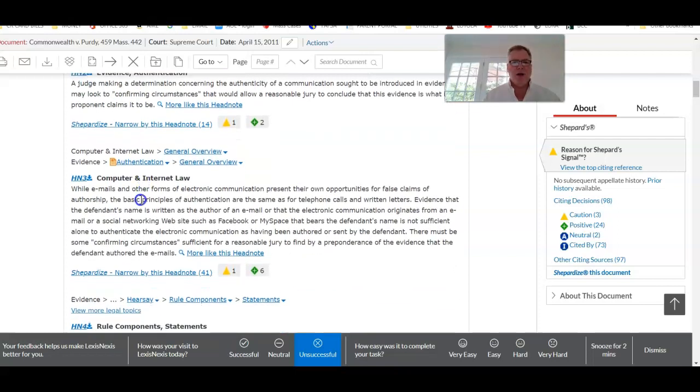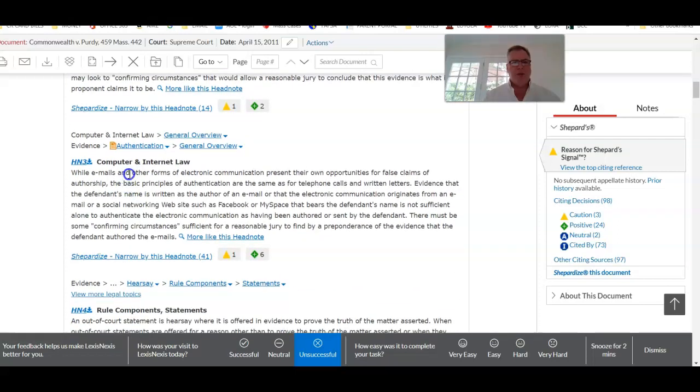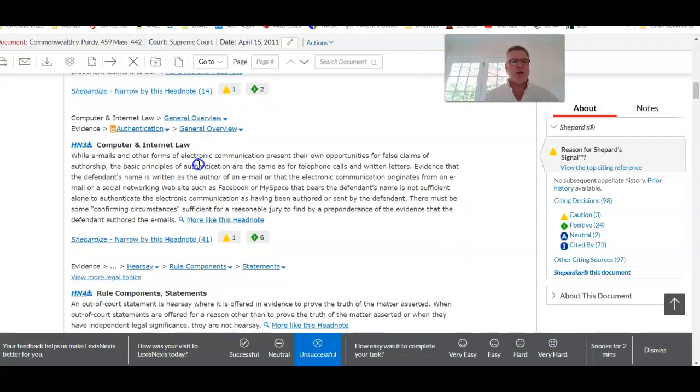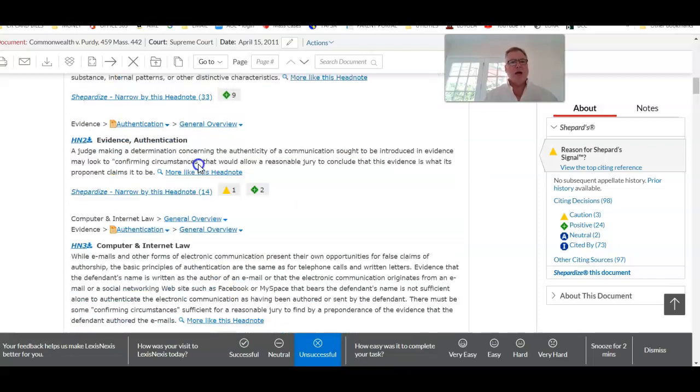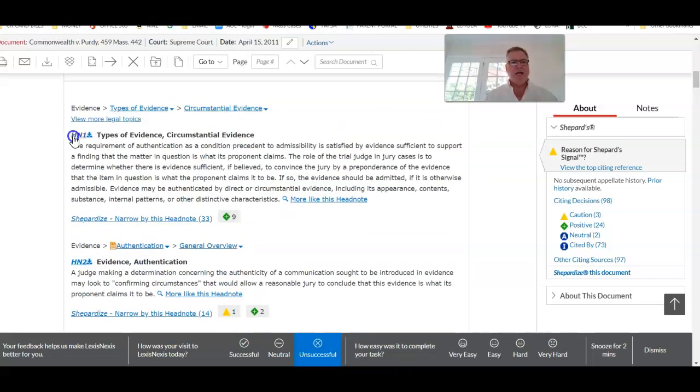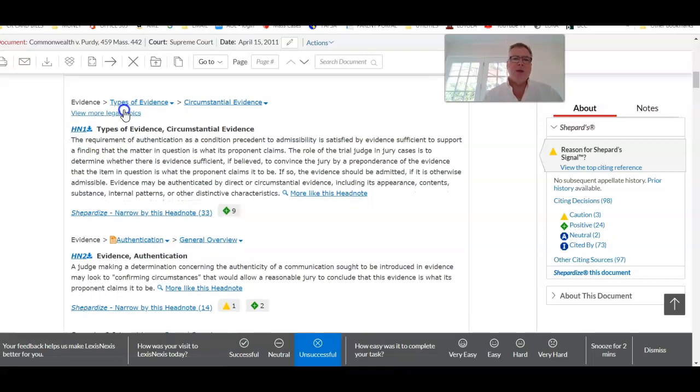Go down to here. Again, computer and internet law, but if I read this headnote, again, it deals with authentication. It talks about electronic communications presenting their own opportunities for false claims of authorship, so on and so forth. So I like those 3 headnotes. I can click on each headnote and go right to the case and find where it talks about it.